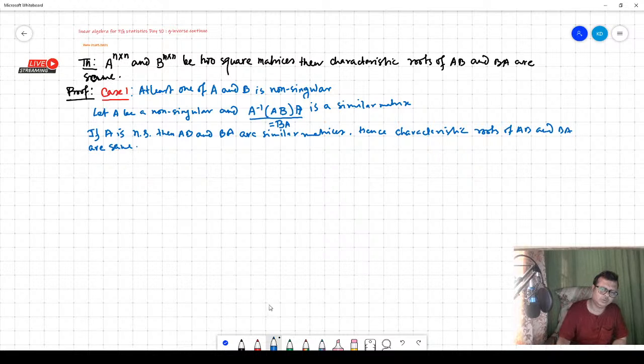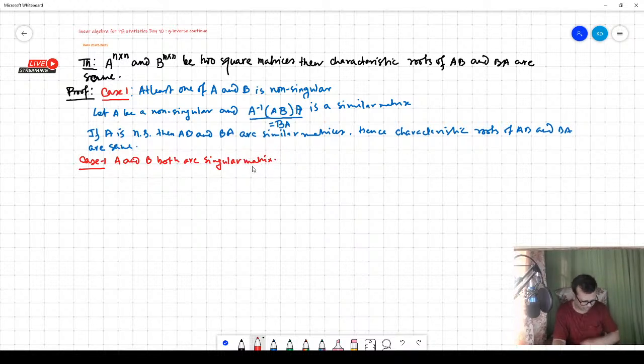Next, case 2. That is, A and B both are singular matrices. Both are singular matrices.